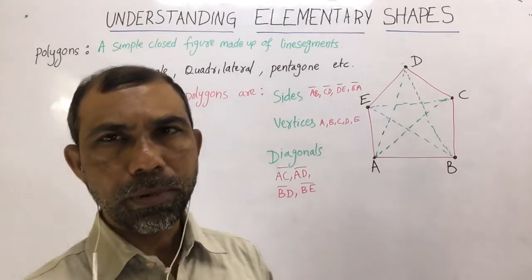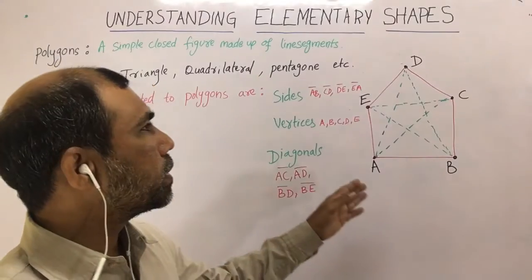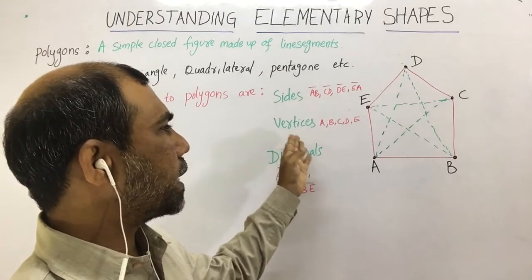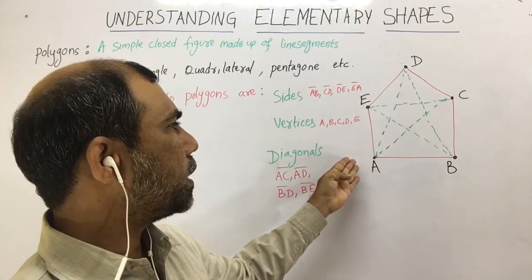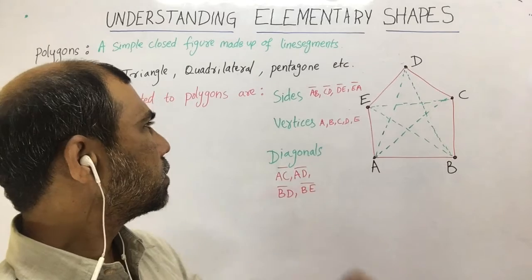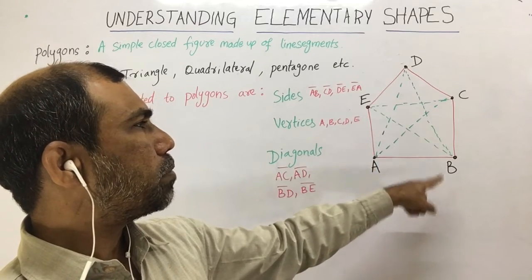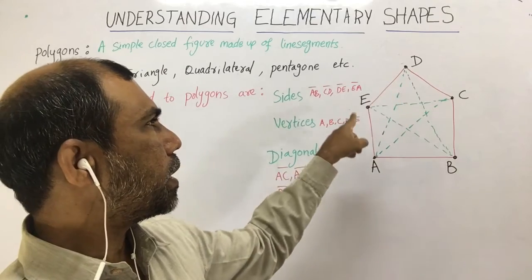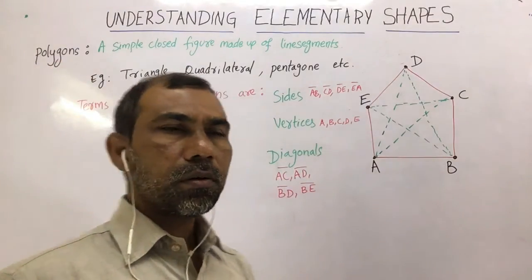Here we have a pentagon with 5 points. Here we can find the sides AB, BC, CD, DE and EA are the different sides of this polygon. The vertices are the points A, B, C, D and E. These are the vertices of the polygon.